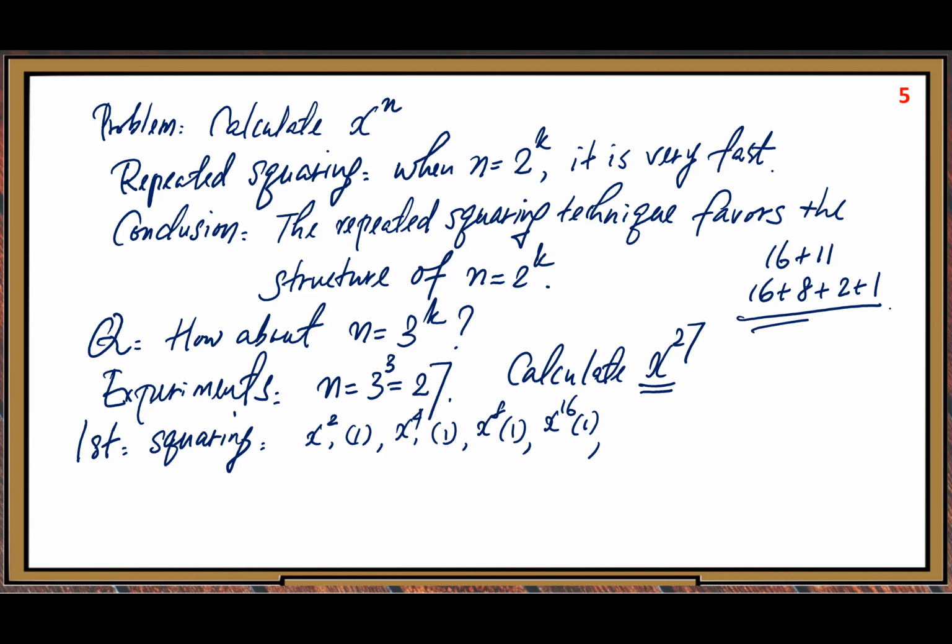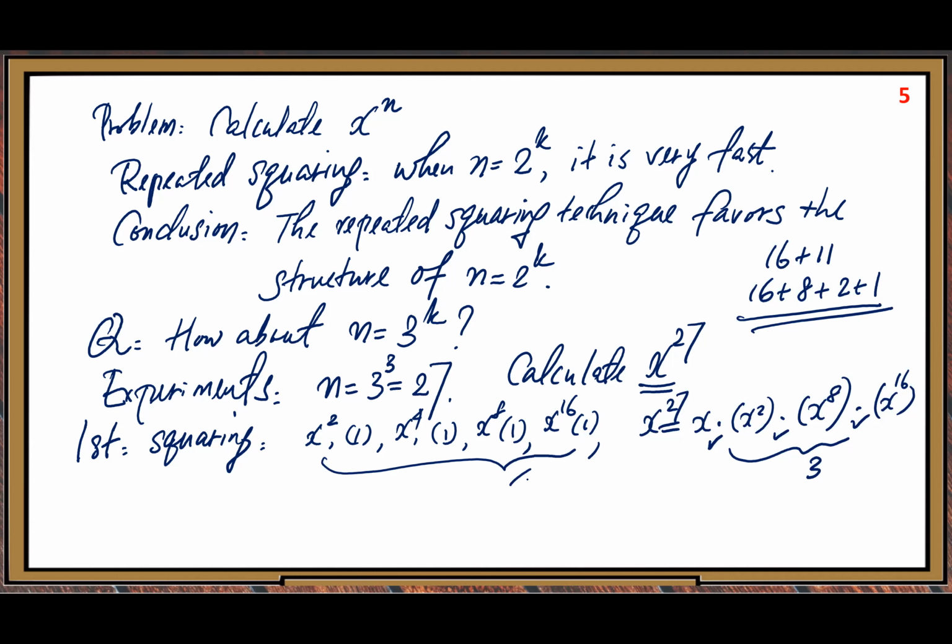So to get this one, we need to use x times x squared times x to the 8th times x to the 16th. That's 1, 2, 3 multiplications here, but we need 4 above.